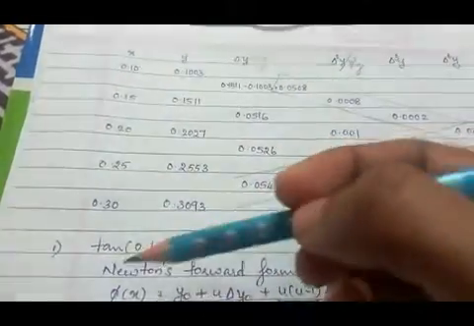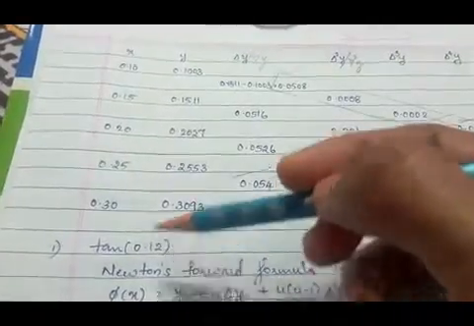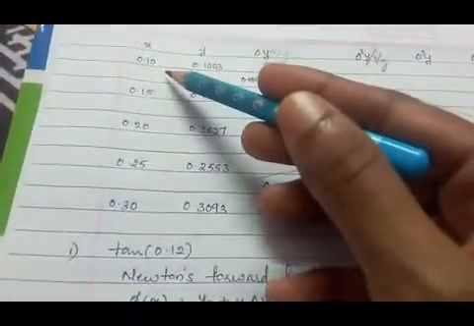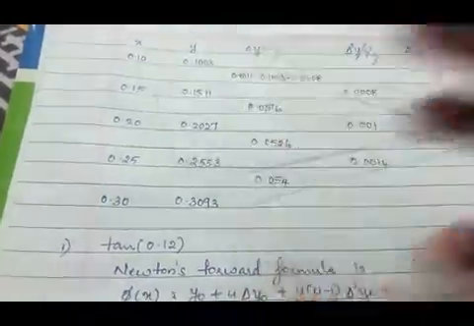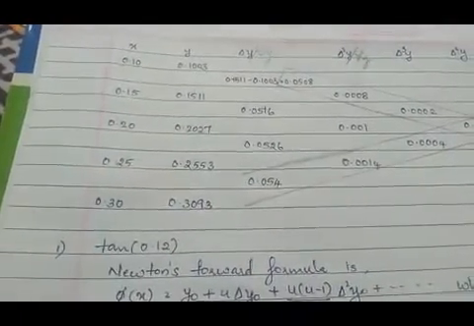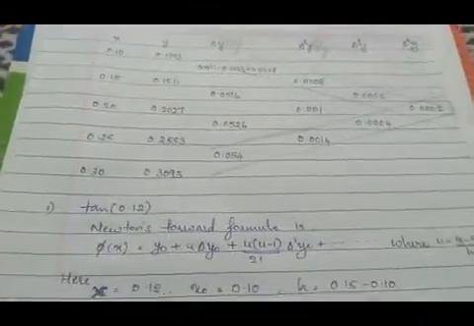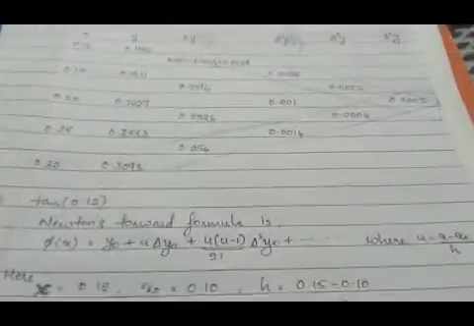Since in this question we have to find tan 0.12, it comes in the beginning of the table. That means we have to use Newton's forward interpolation formula to find the value of tan 0.12. So let's use Newton's forward formula.